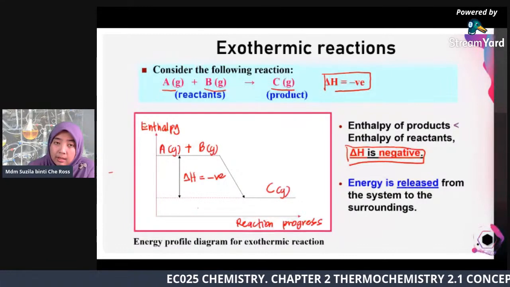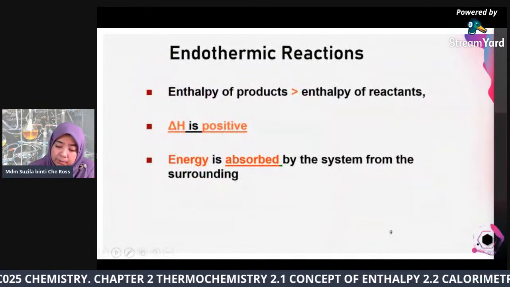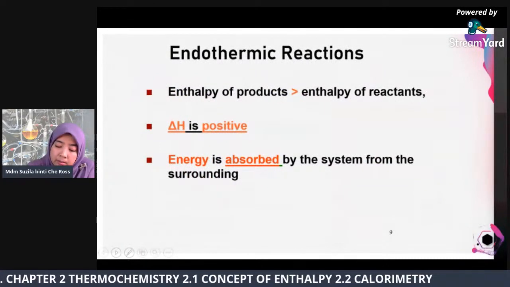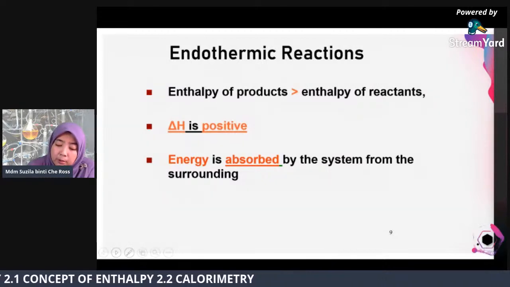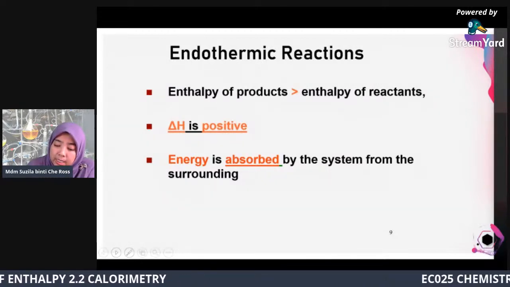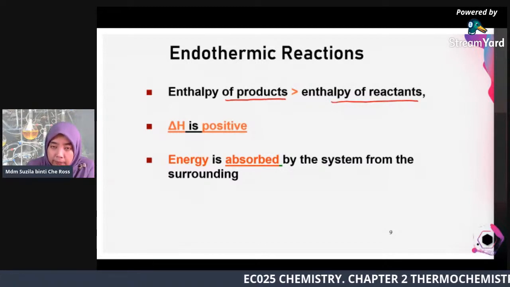Next, we take a look at the characteristics of an endothermic reaction. For an endothermic reaction, the enthalpy of the product is greater than the enthalpy of the reactant, and delta H is a positive value.